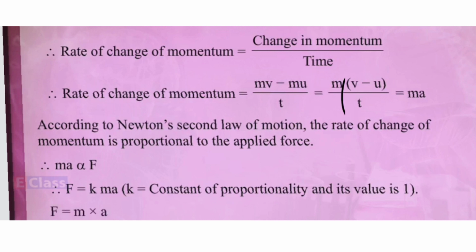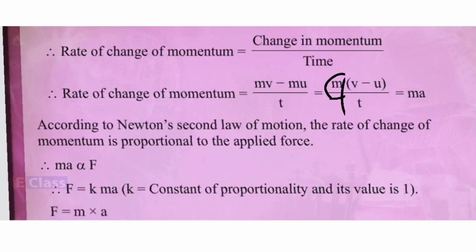Now have you come across this part, (v minus u) upon t, somewhere? Yes, it is the formula for acceleration. So instead of (v minus u) upon t, can I write a? So my formula will become m into a. Correct?